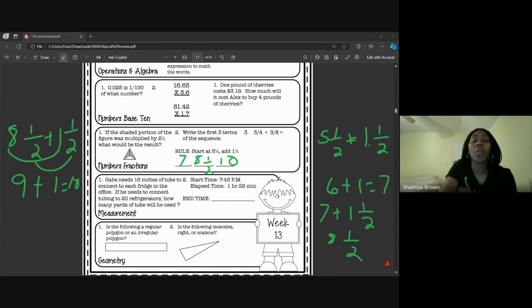And the last problem, I am adding two fractions that don't have the same denominator. So I have to first find a common denominator. So let me erase this.